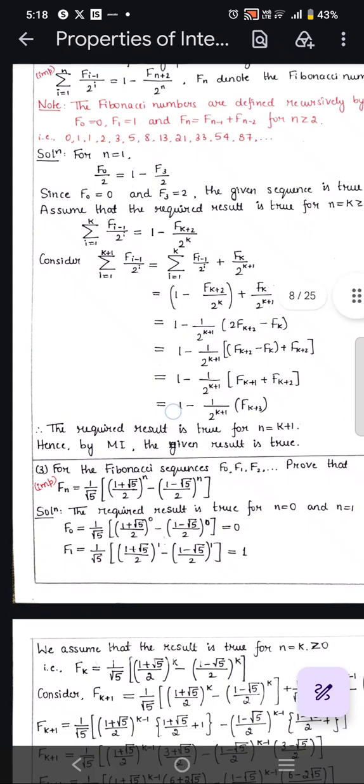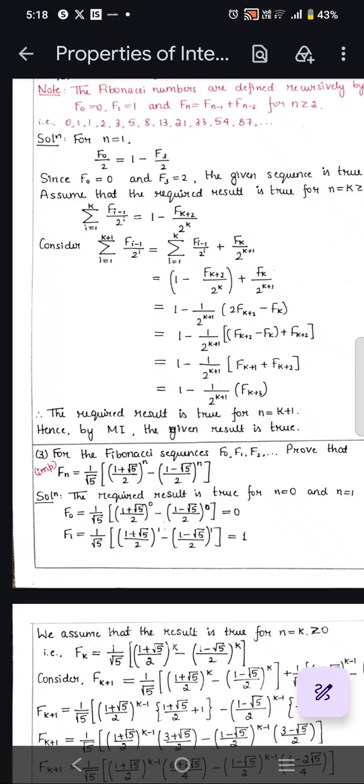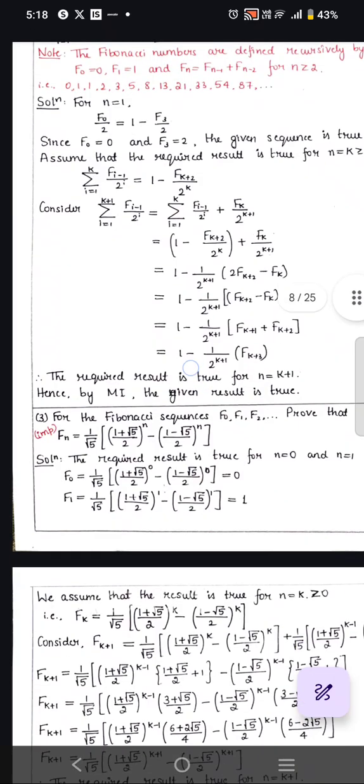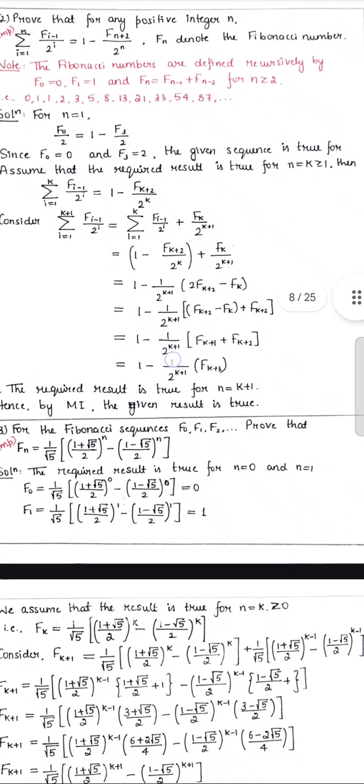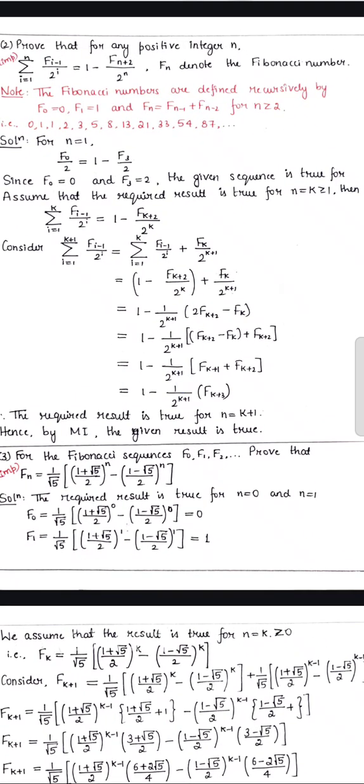Sigma, considering i equals 1 to k plus 1 now, of f(i minus 1) by 2 power i, what changes in the right hand side?